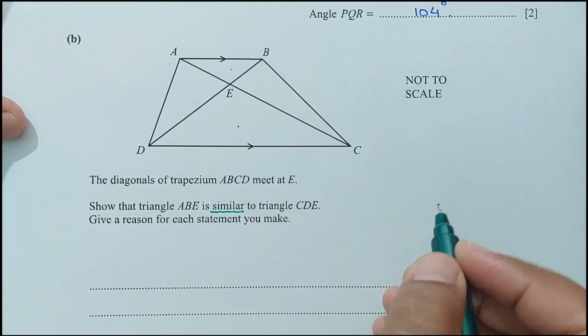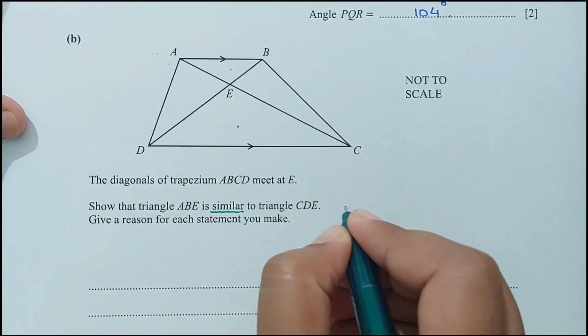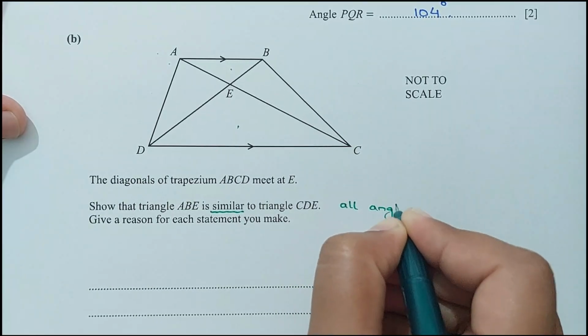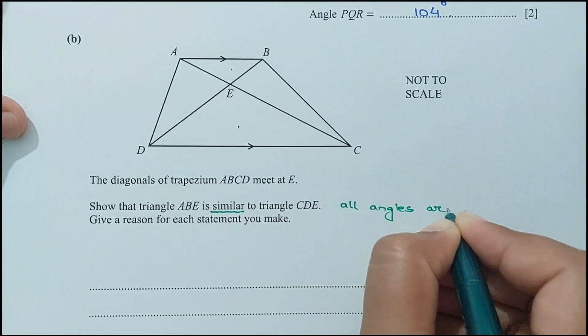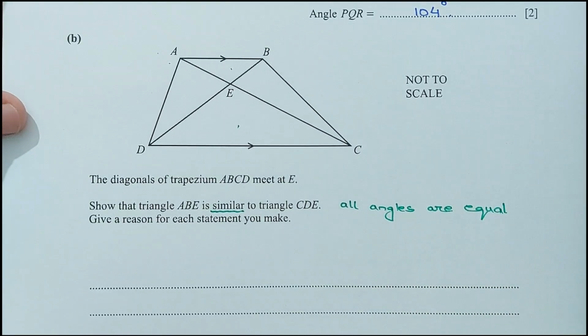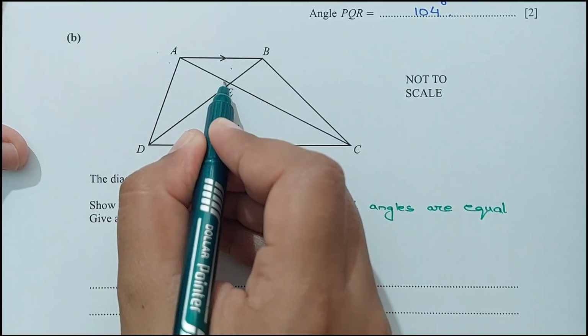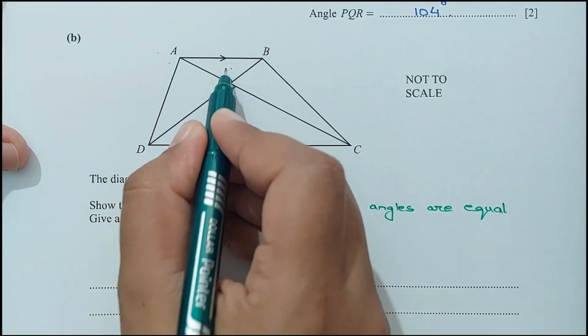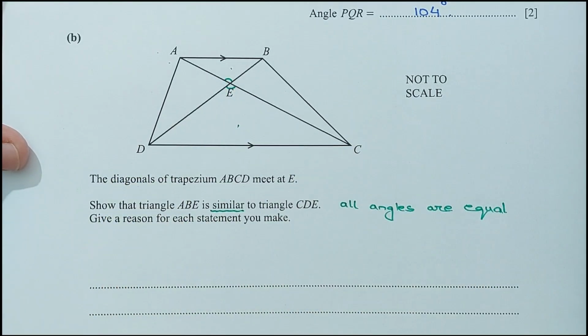Okay, similar. When we show that the two triangles are similar, it means we have to show that all angles are equal. All three angles are equal in both triangles, right? So let me start with this angle. These two angles are vertically opposite. They are obviously the same.